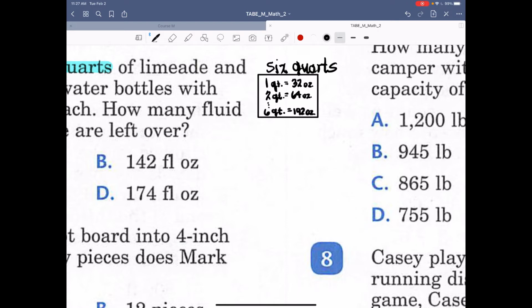We're going to take that 192 ounces and we're going to split that up into 3 bottles. Okay. So here's a bottle. That's 18 ounces.